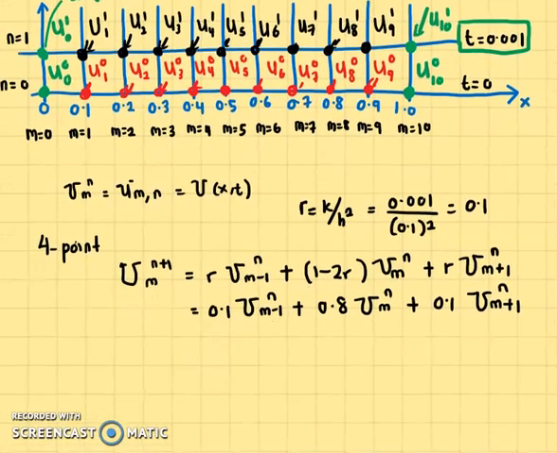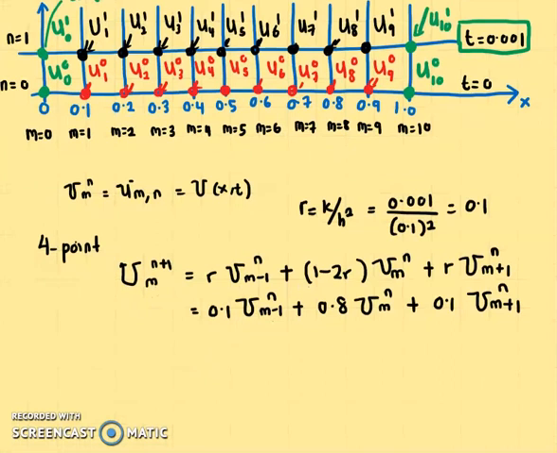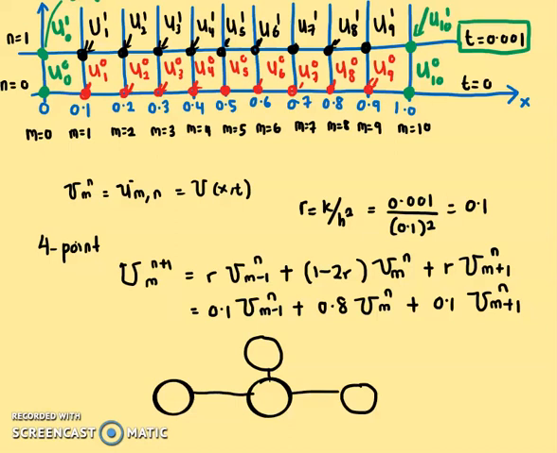Now this is a 4-point scheme. On a computational molecule, I can write it as here: 0.1, 0.8, 0.1.